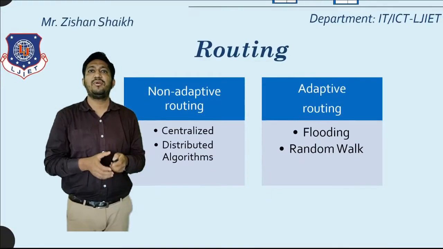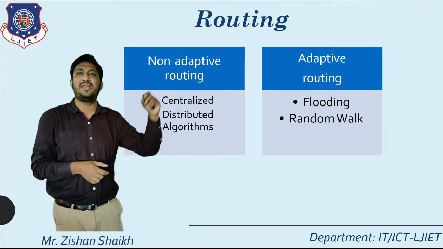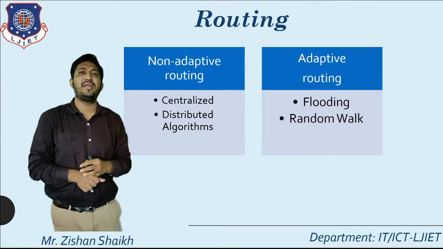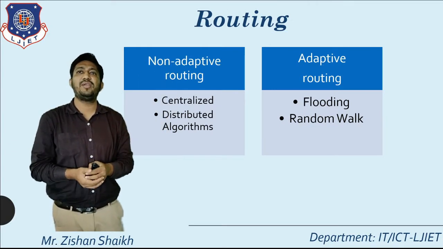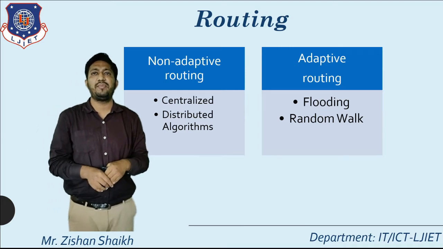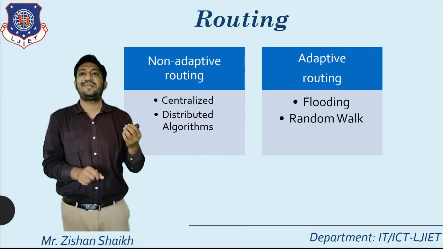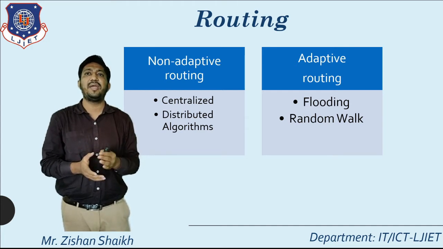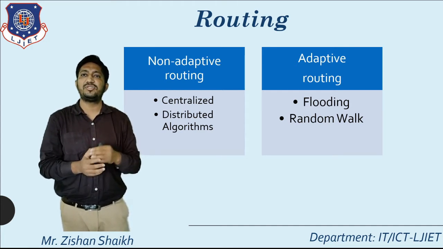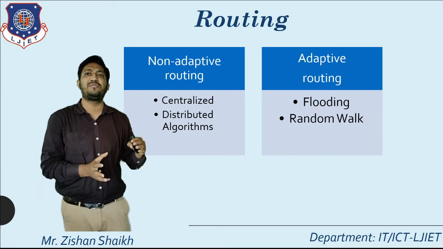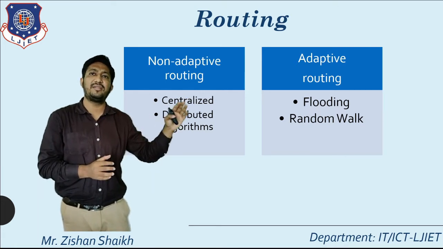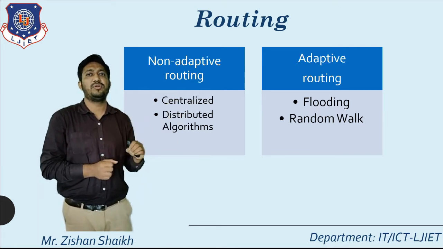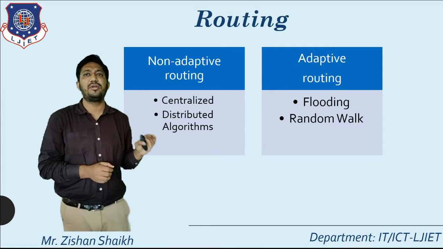These tables are maintained by the different routing algorithms. Routing algorithms are basically categorized into non-adaptive and adaptive routing mechanisms. The non-adaptive mechanism takes its data on a static basis, which is maintained by the network administrator. Some specific path is defined, and our data packet moves using that path. It may be centralized or distributed.